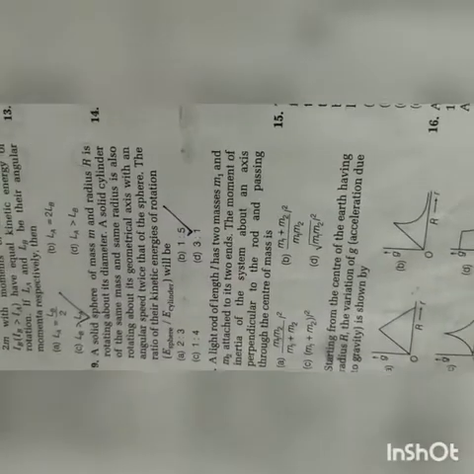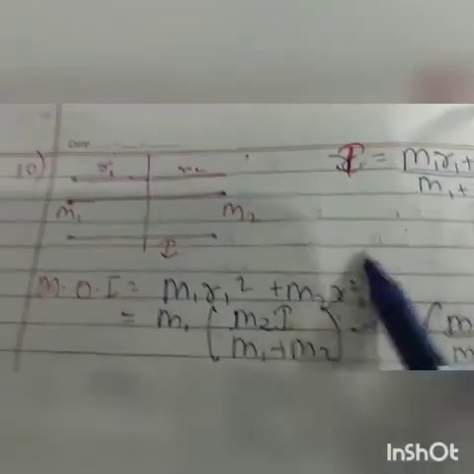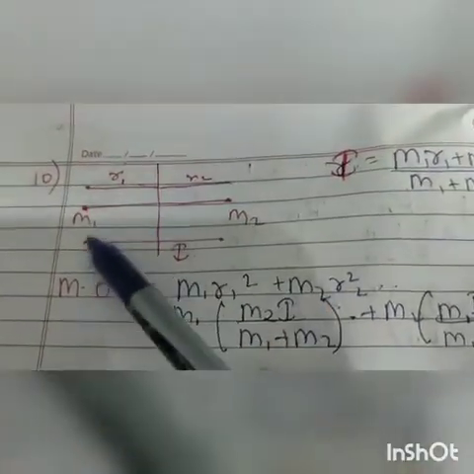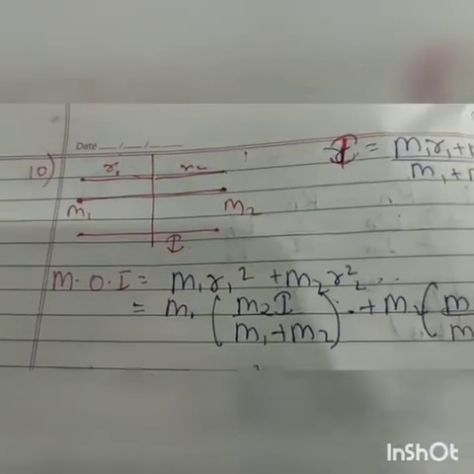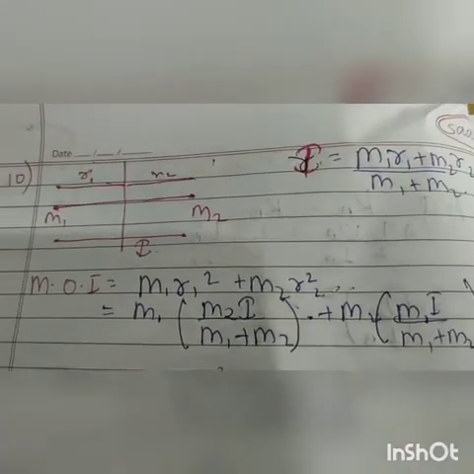Now question number 10. A light rod of length L has two masses m1 and m2 attached to its two ends. The moment of inertia of the system about an axis perpendicular to the rod and passing through the center of mass. From the data of the question, this is the valid figure. As we know, r is equal to (m1 r1 plus m2 r2) by (m1 plus m2).